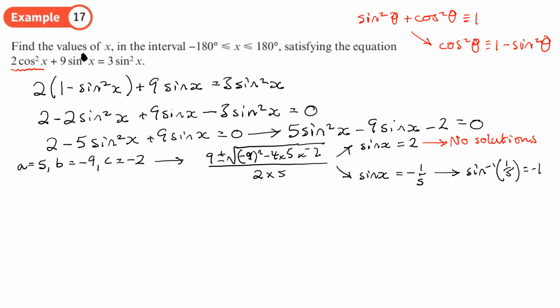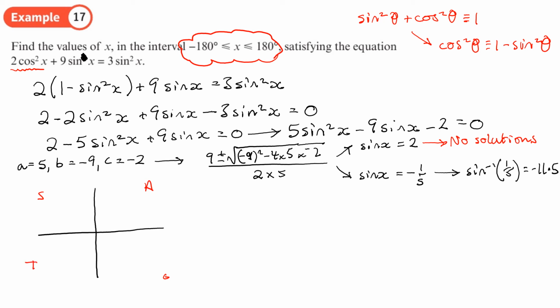So just write that down: sine inverse of negative a fifth is negative 11.5. We want to see if there are other solutions, so we use our CAST diagram. Remembering this time that we're looking for answers in the range from negative 180 to plus 180, and we've got negative 11.5, that's down here, so that means 11.5 up here, and same up here.